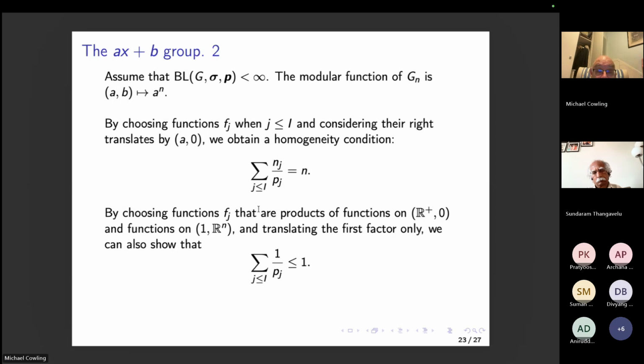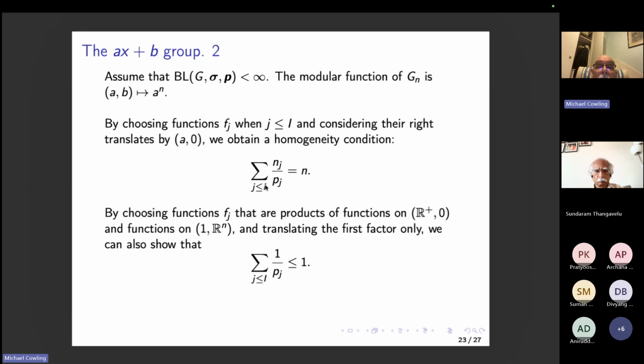And I do a second argument by choosing functions that are products of functions on just the R plus part, just on the a part, and other functions on just the Rn part, and then translating just the first factor.